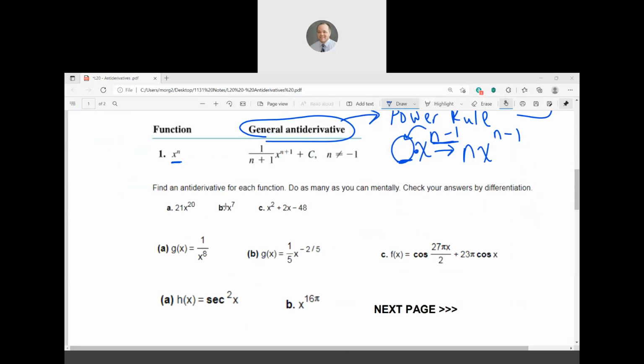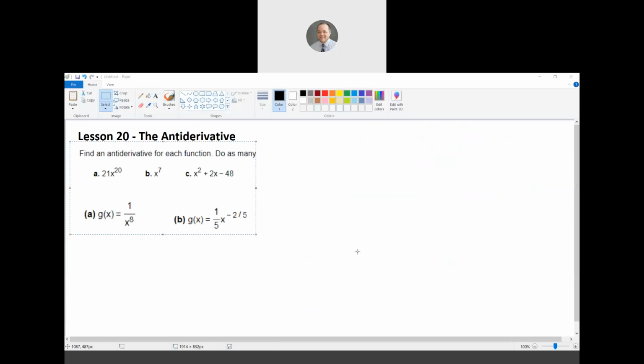Now let me copy and paste these problems to our paintboard. And hang on just a second, I'll share the paintboard with y'all. Find an antiderivative for each function.